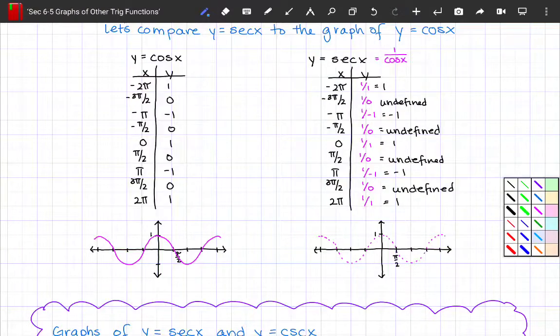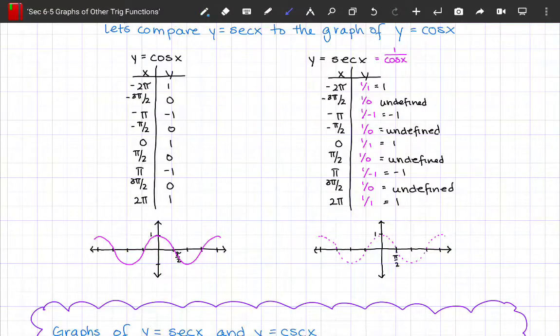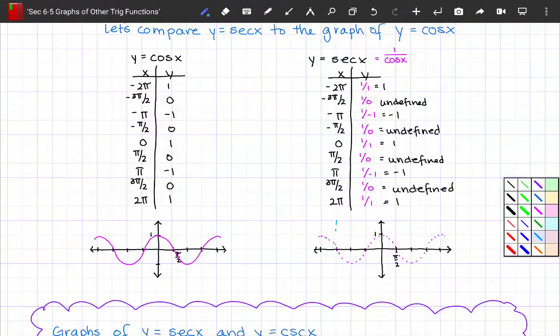So what I'm going to have is everywhere that cosine was 0, secant is going to be undefined. I'm going to have vertical asymptotes. So I have vertical asymptotes right here, here, here, and here.